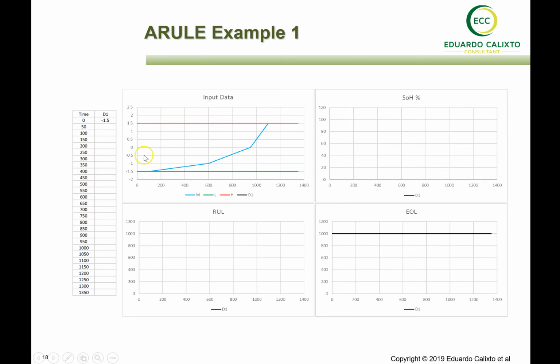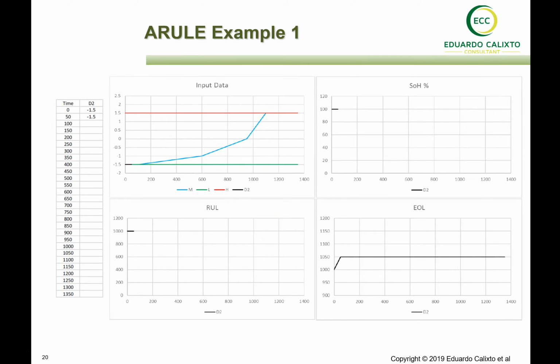If you look at this temperature, in the very beginning you have the remaining useful life as 1000 days. For the sensor you have 100% state of health, and there is no remaining useful life degradation, so you still have this 1000 expected. As we start to have additional points, now comes your second point.